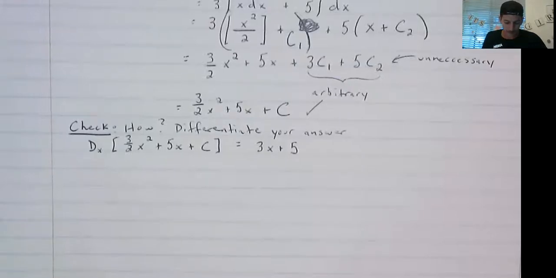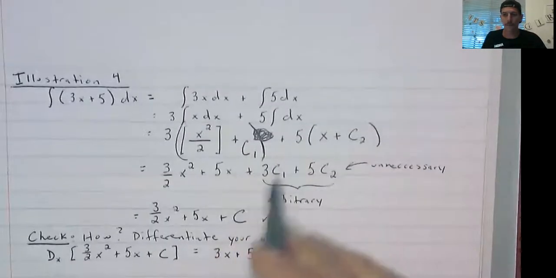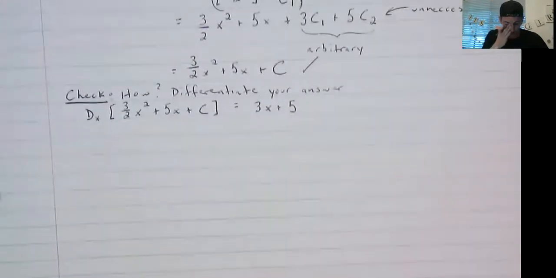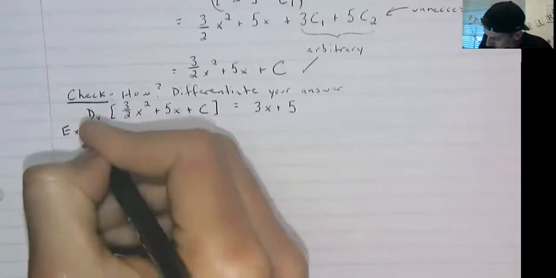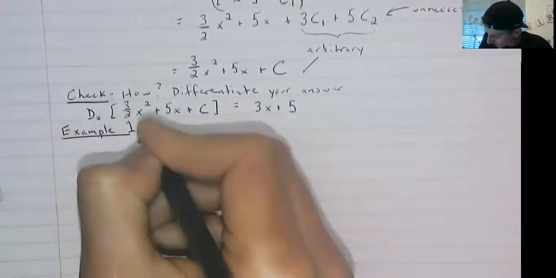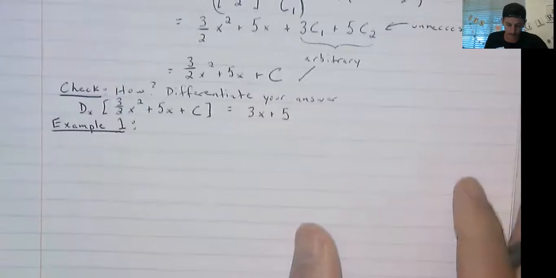Okay, so now we're going to do an example where we're not going to mess around and separate this. We're just going to go piece by piece and find the antiderivative. So kind of jumping up in difficulty a little bit to a bigger polynomial. Example 1. Finally reached the examples after a lot of illustrations, but now we're in the big leagues.